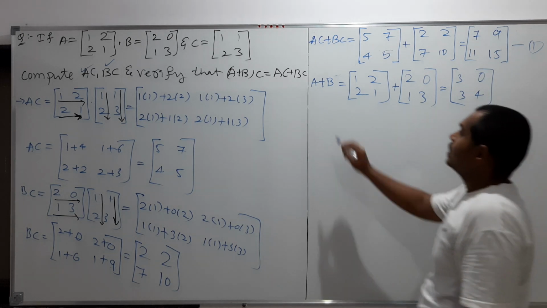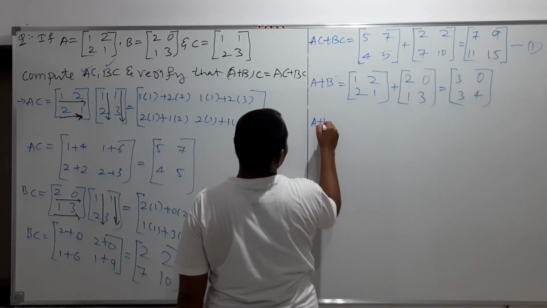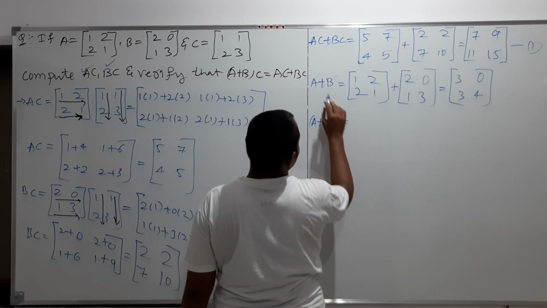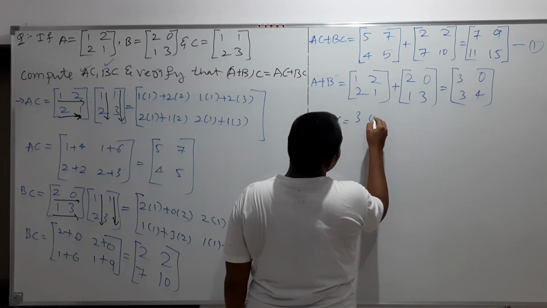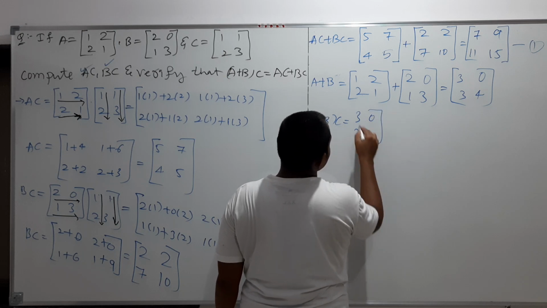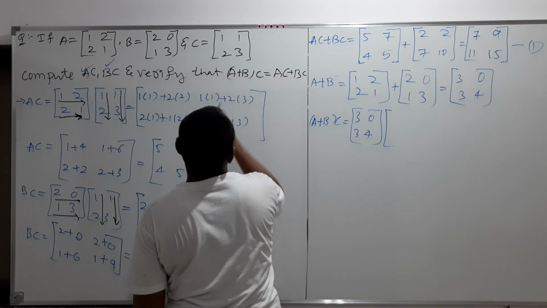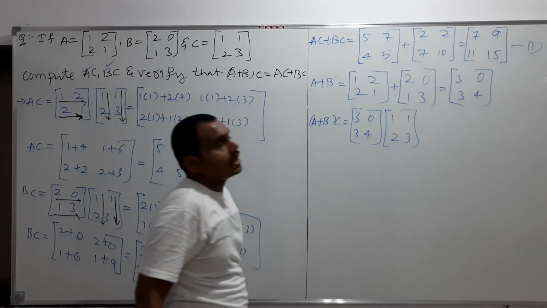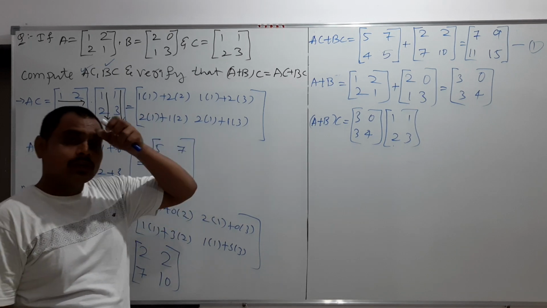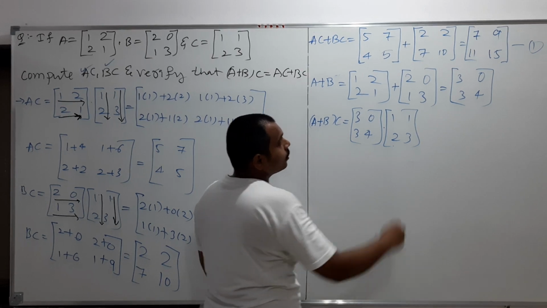Next, my dear friends, I should find out the A plus B into C value. So A plus B into C is equal to, what is A plus B? A plus B is 3 0 3 4. This is your A plus B into C. What is C, my dear friends? 1 1 2 3. Now we should multiply these two matrices, and again we should check: 2 columns are there, 2 rows are there.